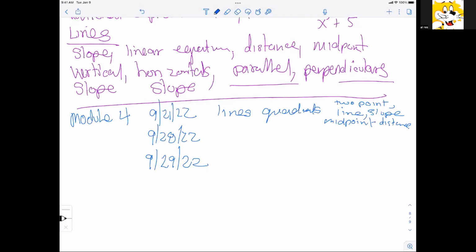Right? On 9/28, we went over parallel lines more in depth, right? We did perpendicular. We also did quadratics, the quadratic formula. And we introduced parabolas. We did symmetry.